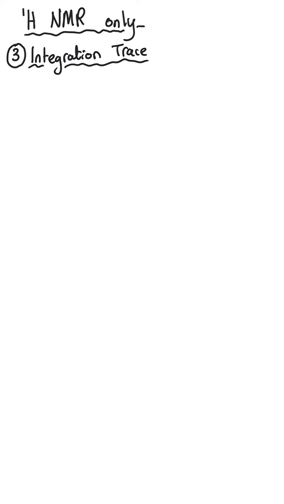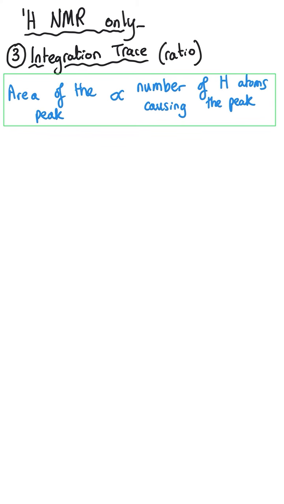The first rule that only applies to proton NMR spectra is the integration trace, sometimes referred to as the integration value. And this is how the area of a peak in the NMR spectrum is given a ratio, which is to do with integration in maths, but we're not actually going to do any integration. We're just going to be looking at the areas of the peak.